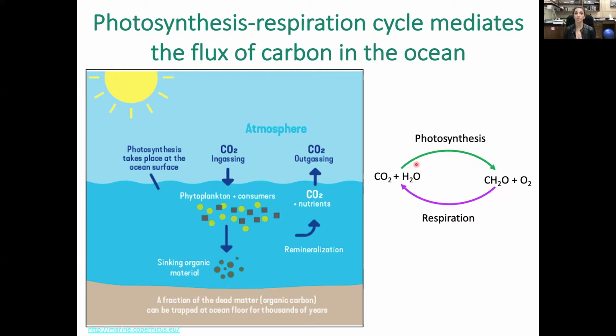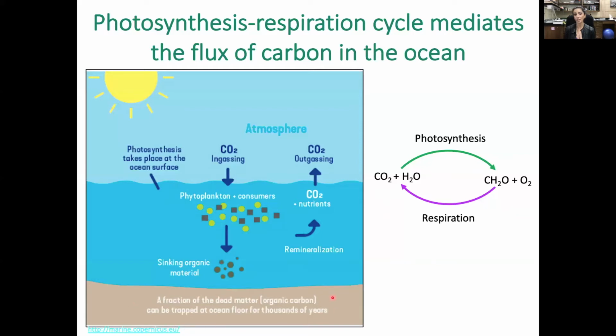This happens very rapidly in our surface oceans. We have the ingassing of carbon dioxide moving from the atmosphere to the hydrosphere. Phytoplankton are going to photosynthesize, turning that inorganic CO2 into organic matter. Some of that organic matter, some of the phytoplankton, they die and they settle into the seabed here.